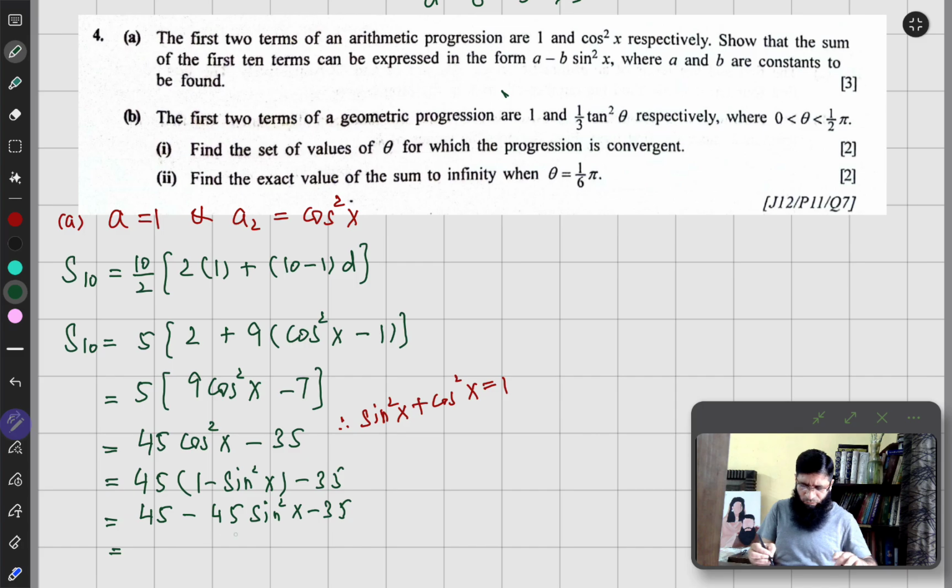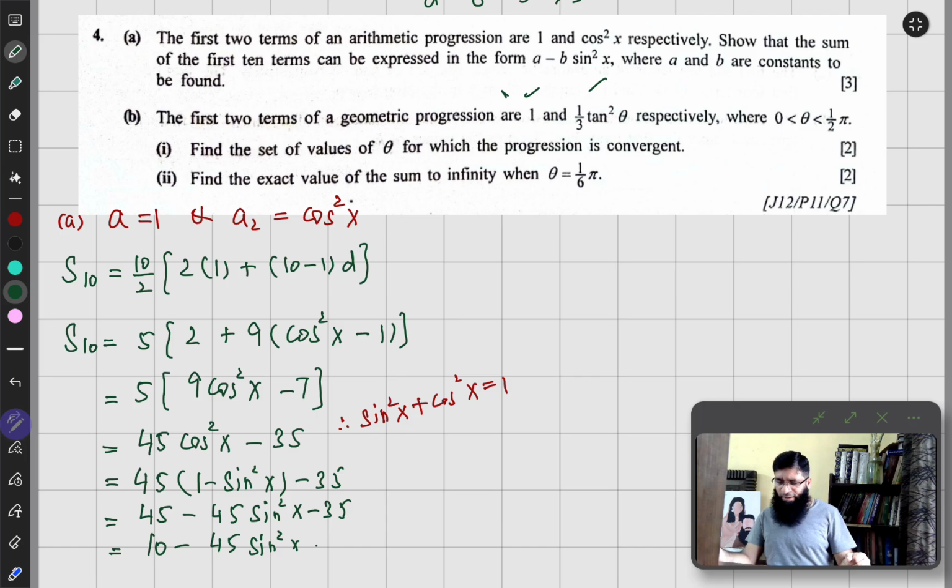So that will become 10 minus 45 sine square x. So this will be the sum of the first 10 terms in terms of sine x.